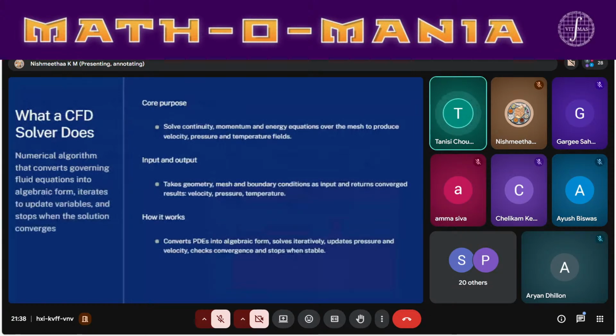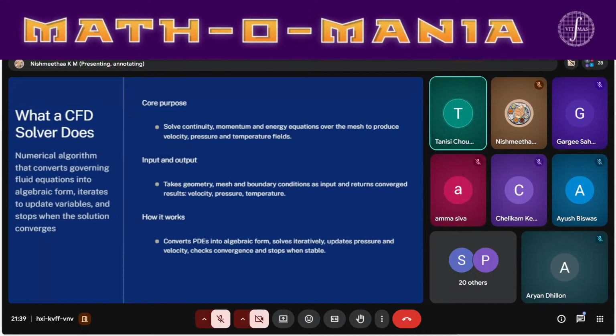So we saw all the parameters that we need while doing the simulation. Now, while doing any simulation, there is an algorithm that comes into play, where you put the values and get the result.